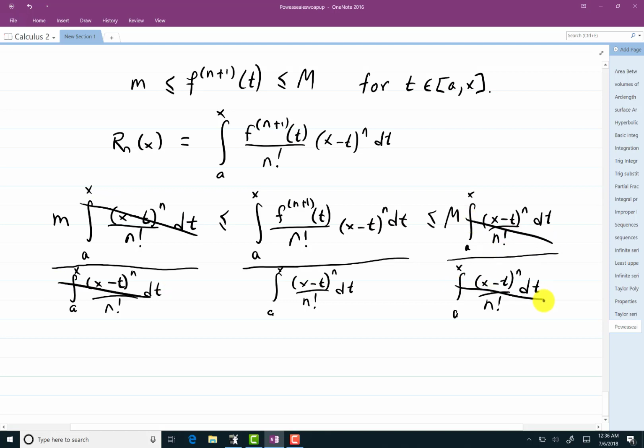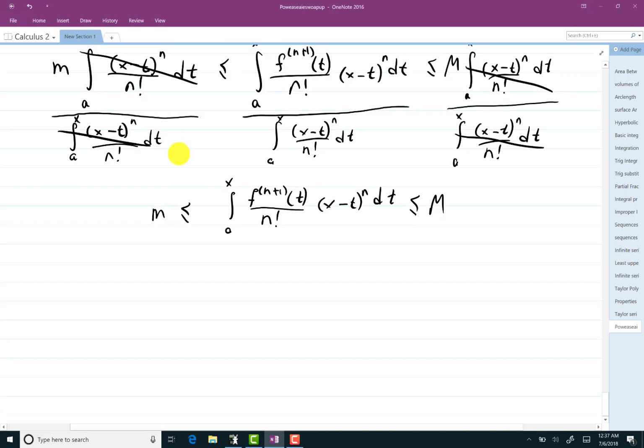And we then have m is less than or equal to the integral from a to x of f to the n plus 1 of t all over n factorial times (x minus t) to the n dt, which is less than or equal to M, all over the integral from a to x of (x minus t) to the n over n factorial dt.